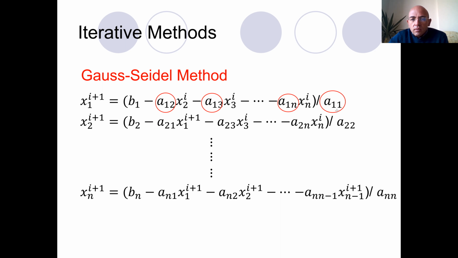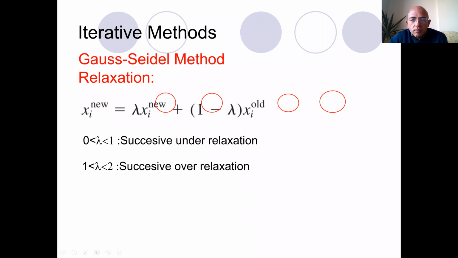Okay. So this is how the Gauss-Seidel method works. Depending on the problem, sometimes we want to decrease the number of iterations, or sometimes we want to guarantee the convergence.